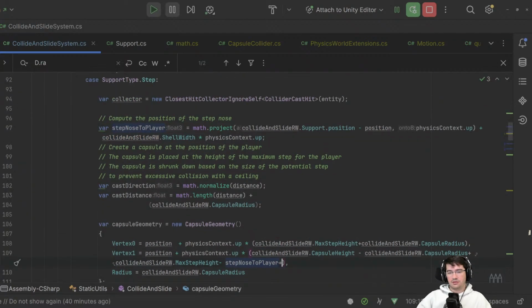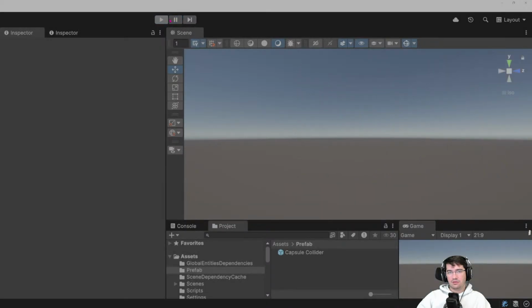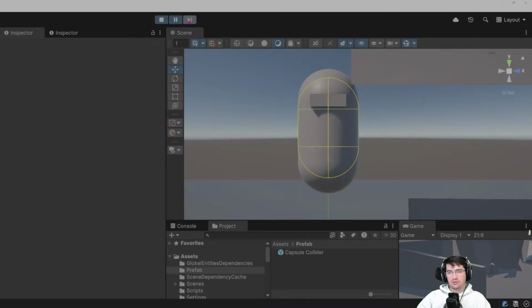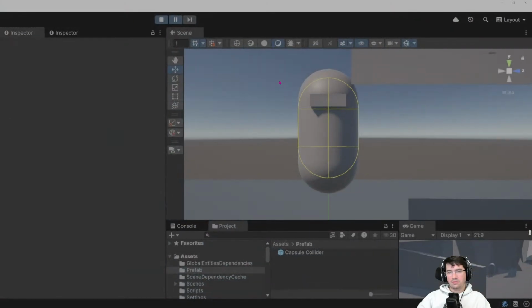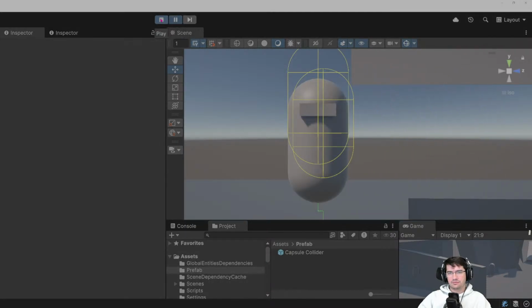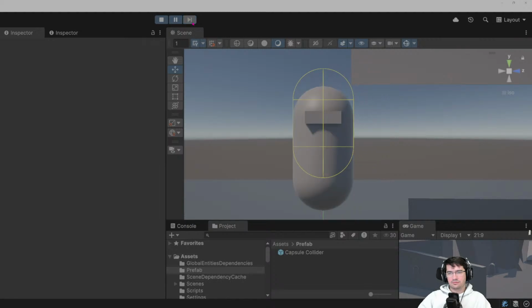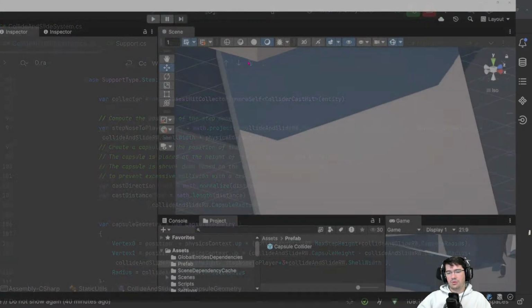So let's add the shell width. Why would I need to add it?